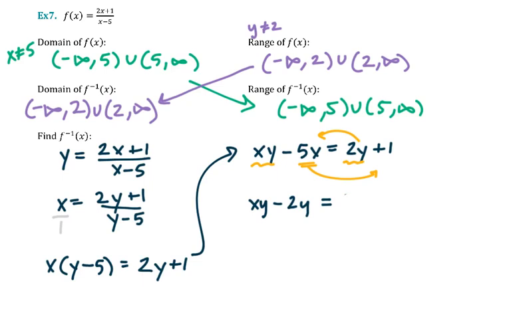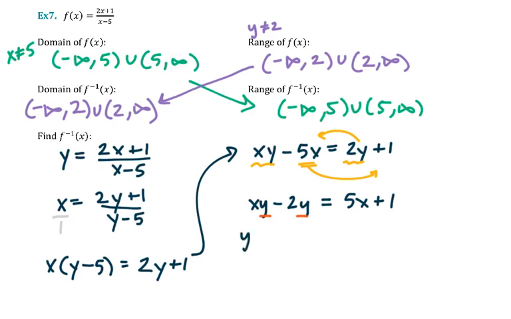And it really doesn't matter how you like it, but I actually prefer writing 5x plus 1. All right, so if you notice now, on the left side, both of my terms have a y, and I can factor that GCF out.